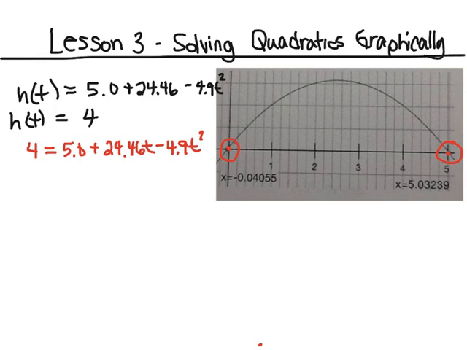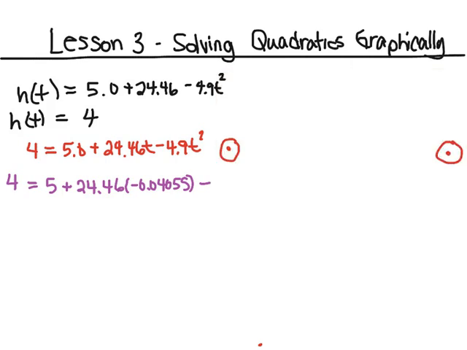Now to show that this is the solution, we're going to substitute that in for x, and it should equal 4, or close to it. So we're going to do 5 plus 24.46 times negative 0.04055 minus 4.9 times negative 0.04055 squared.